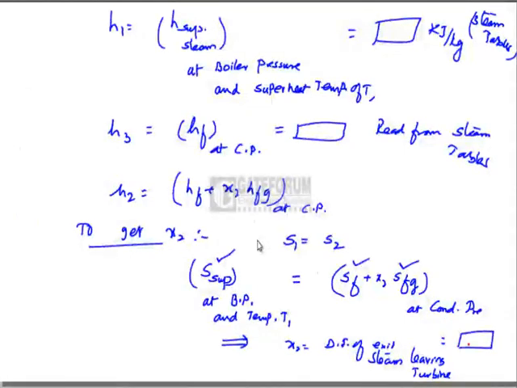Please note that this dryness fraction X2 calculated should be more than 90% or 0.9 to avoid erosion of turbine blades. If the moisture content is more than 10%, or otherwise the dryness fraction of steam is less than 90%, during any part of expansion in the turbine, there is every likely chance that turbine blades are eroded.